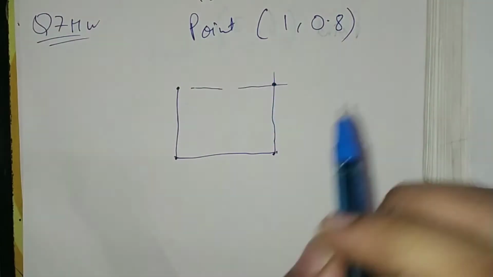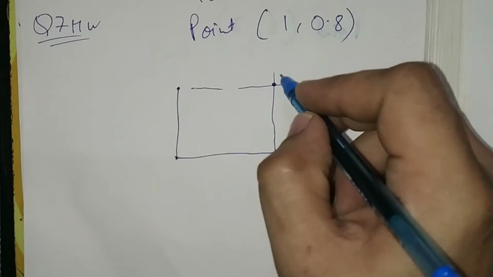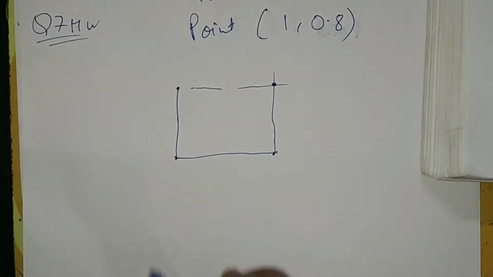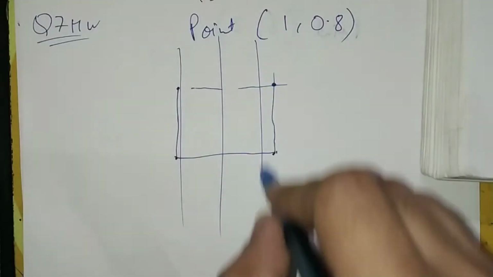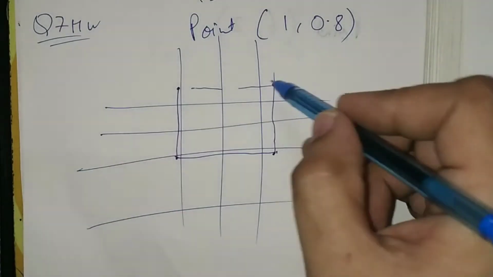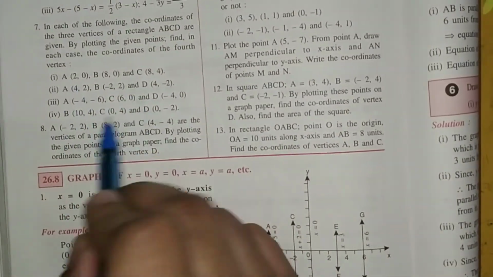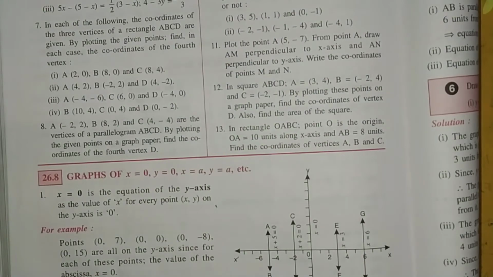Where these lines intersect, this is your 4th point. On the graph there is a grid system, so there are lines like this, so very easily you can spot the 4th point. So all the parts are like this, just plot the 3 and you will find the 4th one very easily.